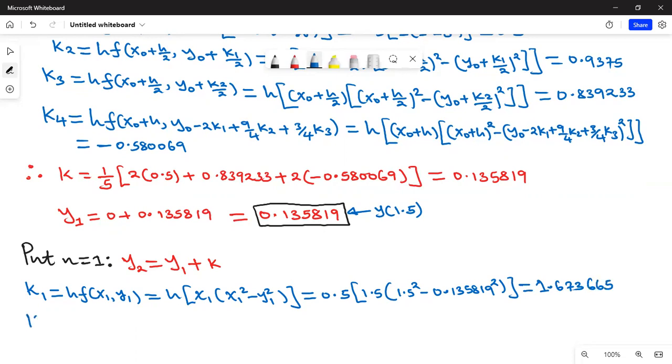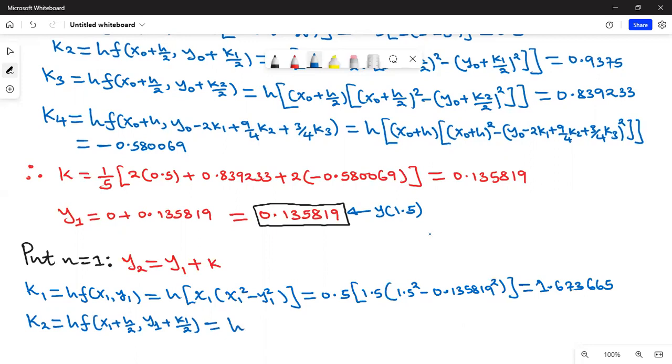Let's find k2. That is h times f of x1 plus h over 2, y1 plus k1 over 2.